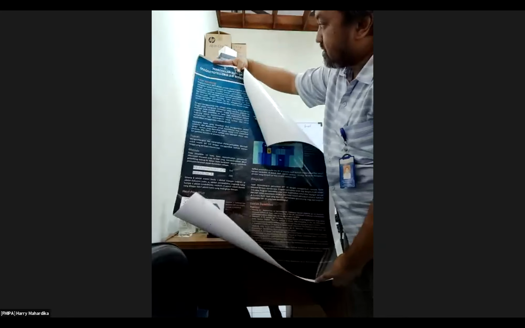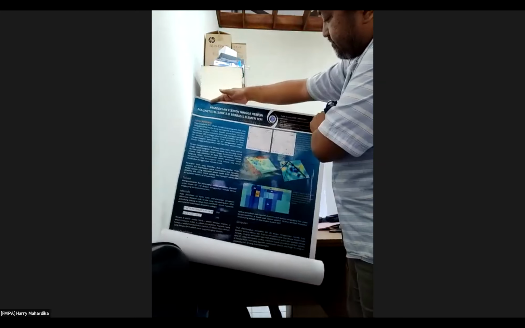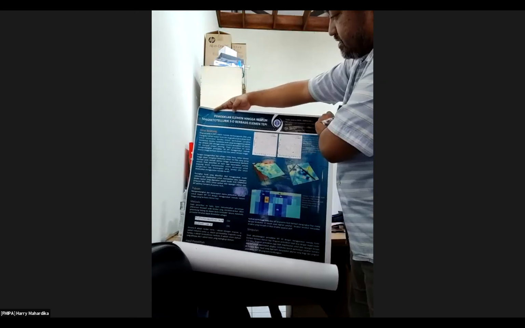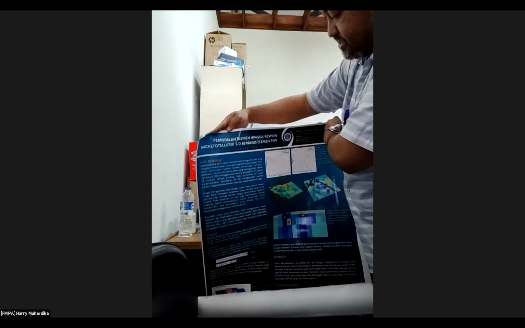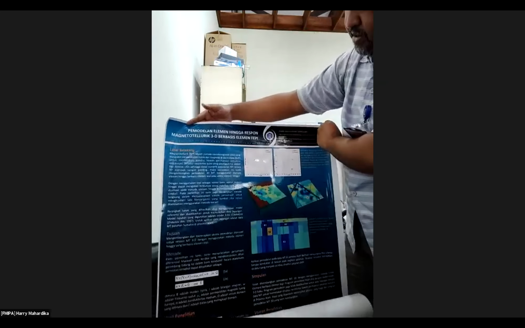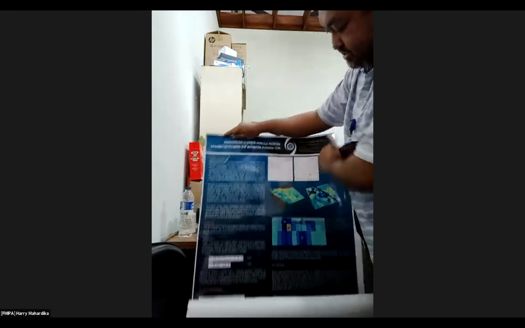Let me put my phone here so that you can see it. This is an A1 size poster, written for the research topic of finite element modeling of 3D magnetotelluric study.